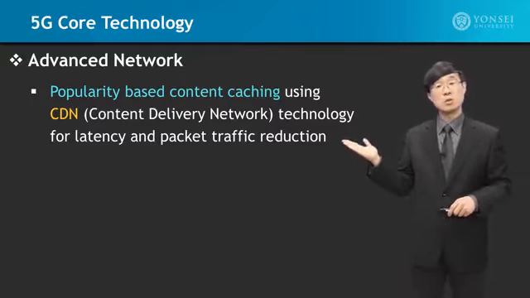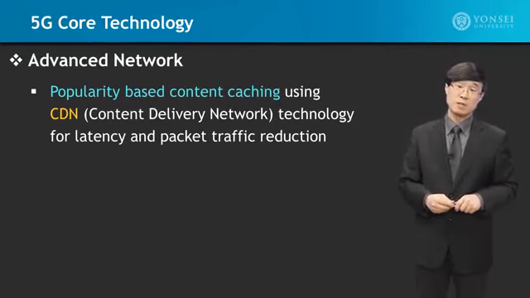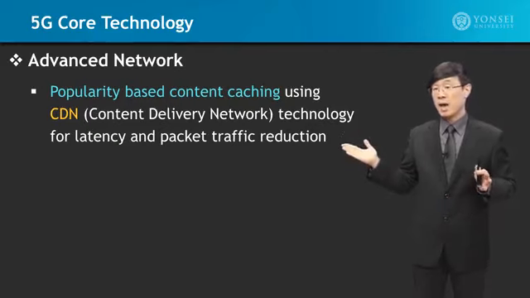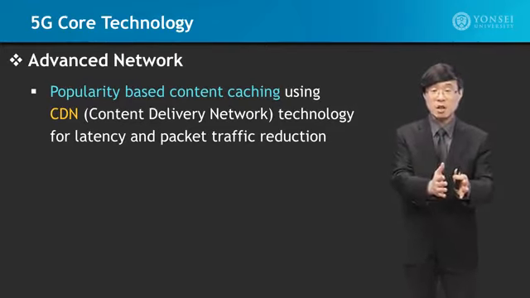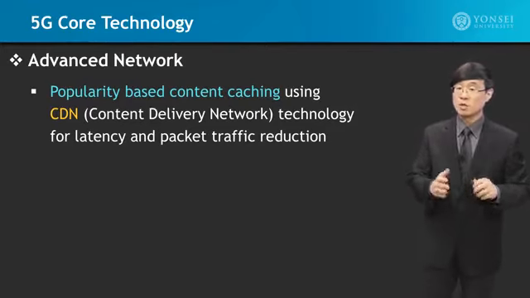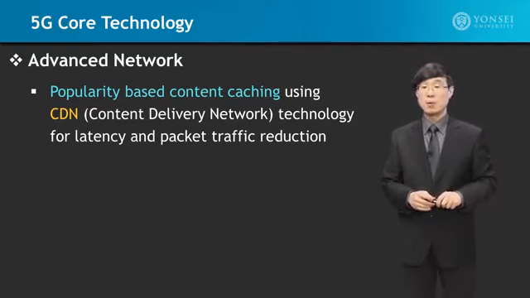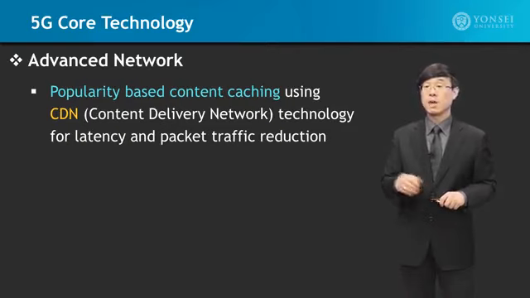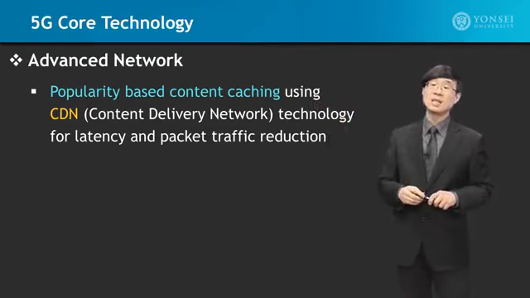This is what is used in various broadcasting and multimedia services. CDN technology is therefore very popular. And we're going to bring this prediction and CDN technology to support faster services and reduce the overall utilization of the network, making the network functions much more highly efficient through CDN technologies in 5G networks based on its advanced networking technology.